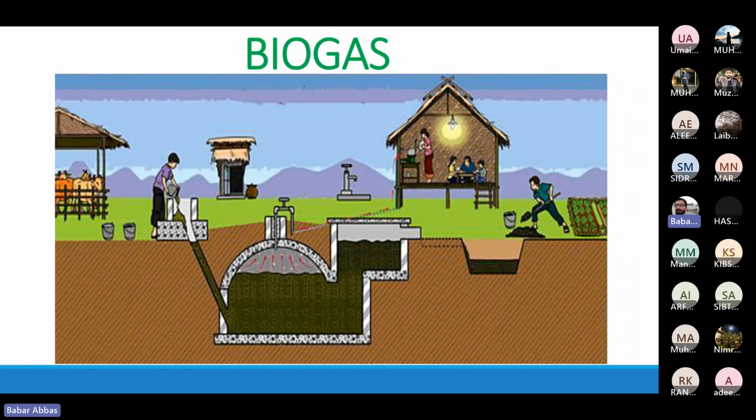And then after the generation of the biogas, and after a certain time period, there are two products. One is solid biofertilizer or semi-solid material, which can be utilized as biofertilizer, and the other one is the biogas. And the biogas is dominant with CH4 and CO2. So both the products are useful.